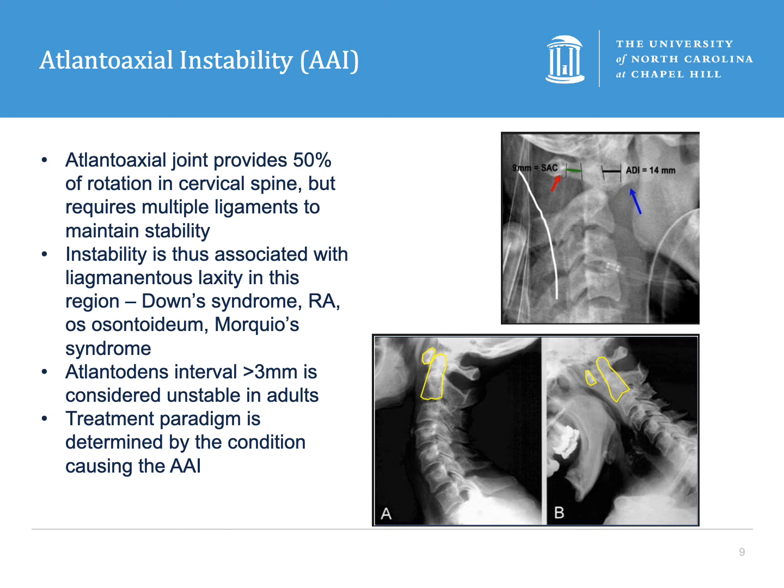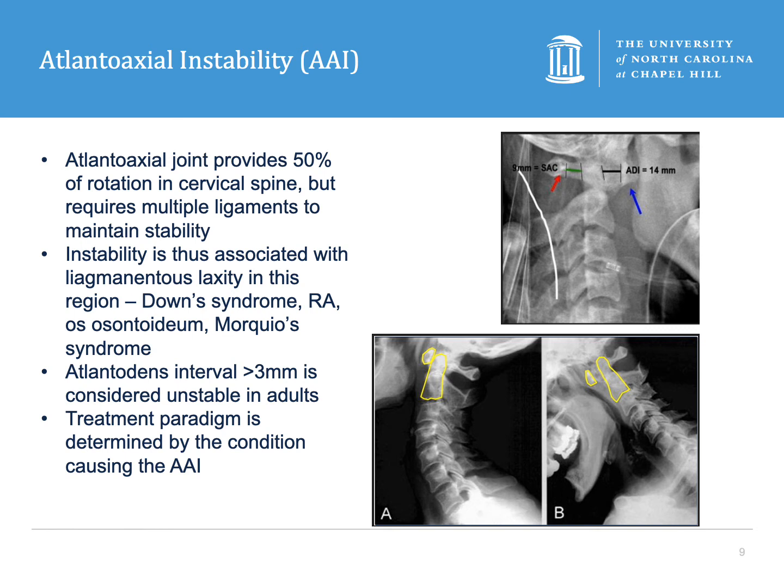So patients with Down syndrome, RA, osteogenesis imperfecta, Morquio syndrome, they're all examples of conditions that are associated with increased laxity of the ligaments, but it can also be associated with a variety of injuries, including fractures of C1 and C2. As a result, AA instability can be thought of as a group of injury types in this region as opposed to just one specific injury.